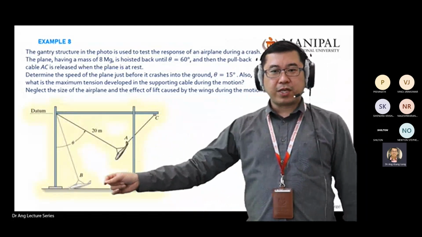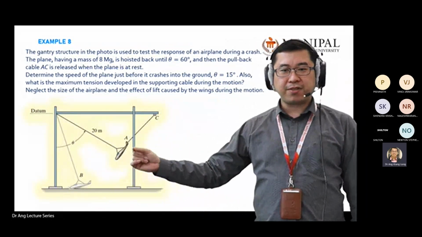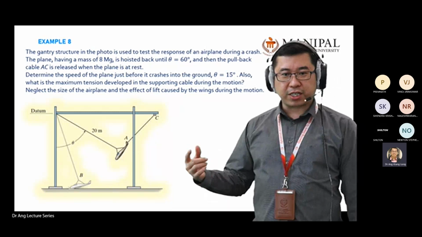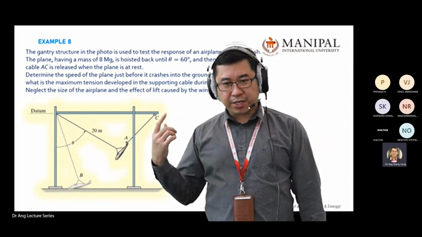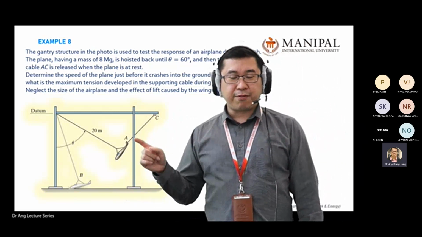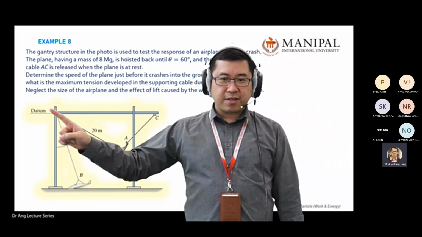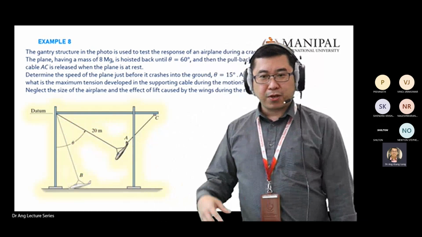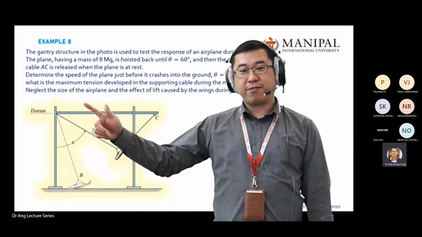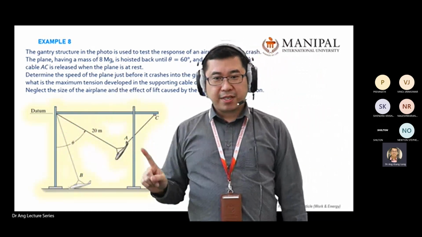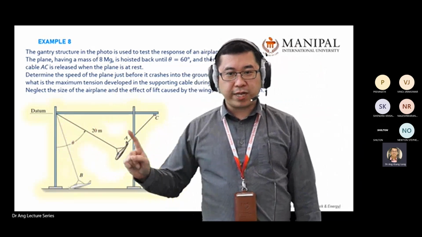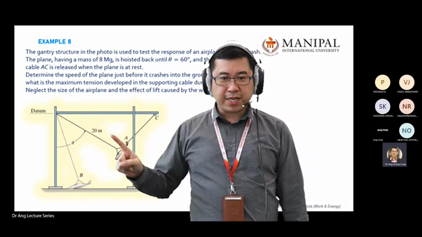Okay, so when you pull the object from the ground, you're actually charging the potential energy. However, be careful about the potential energy on the datum. We have discussed the location of the object and the datum. This object is below the datum.